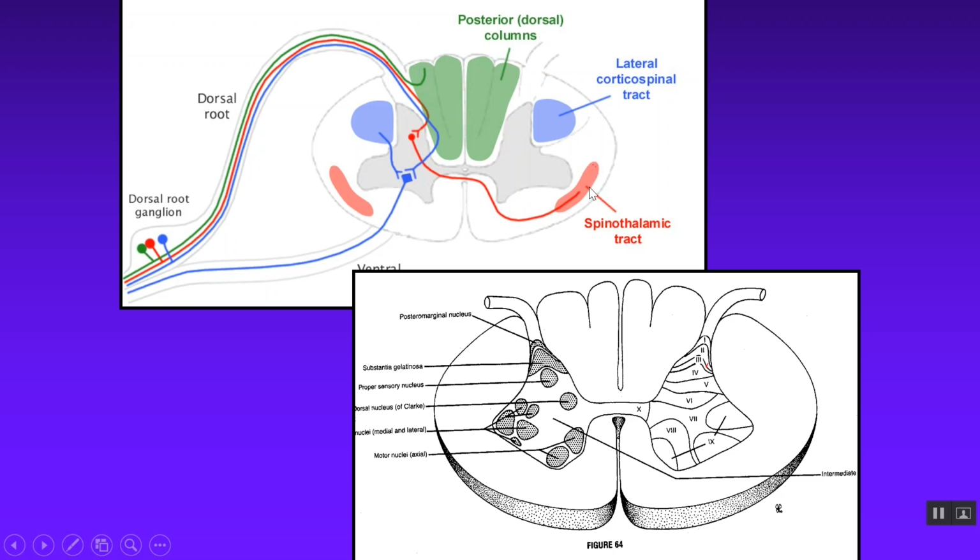You notice it lies anterior and lateral. All these tracts we're going to talk about end up right there in that anterolateral region of the spinal cord. That's why it's called the anterolateral system. The spinothalamic tract makes up the biggest part of that anterolateral region. Okay, and then it ascends. But notice that it crosses essentially immediately.